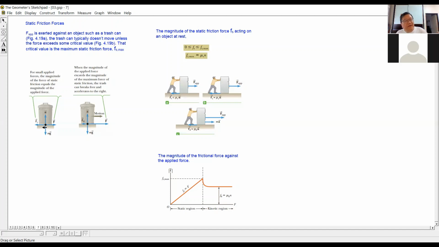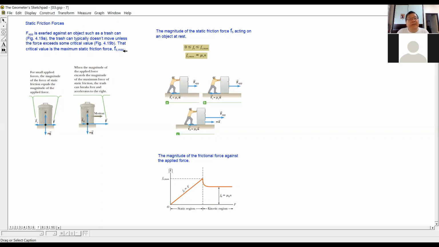So you apply a bigger force F towards the right, there will be a bigger static friction towards the left. The value has increased. So when it is about to move, it is the maximum static friction. It is denoted by F static with the max there.